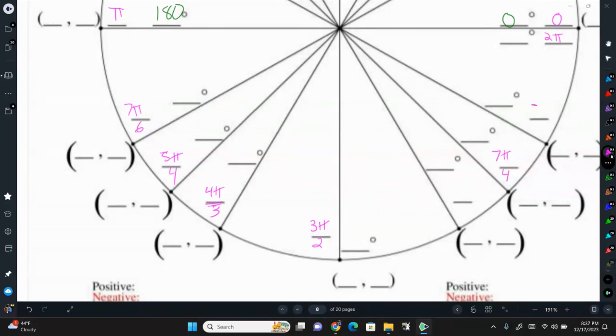Now you see that I kind of did these in different orders, just where my brain was thinking at that point. I'm sorry, this is not 5, this is 5 pi over 3, and 11 pi over 6.